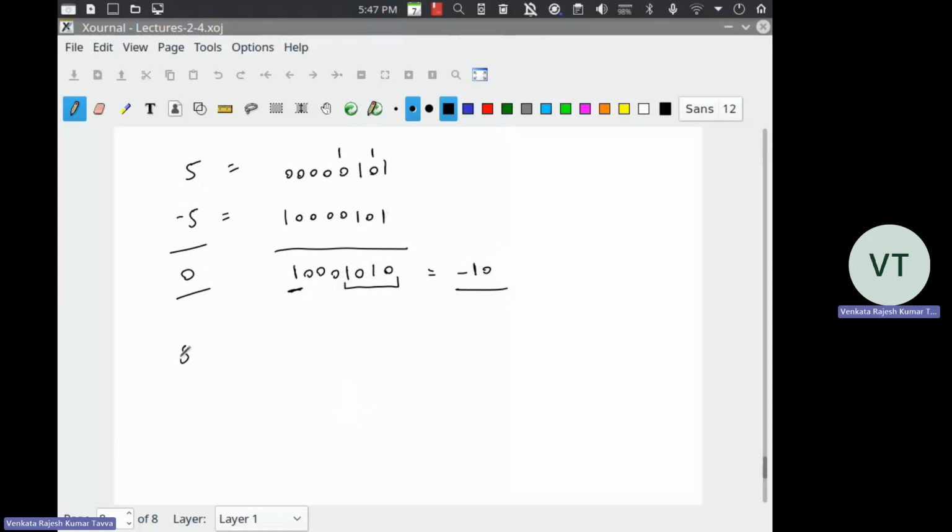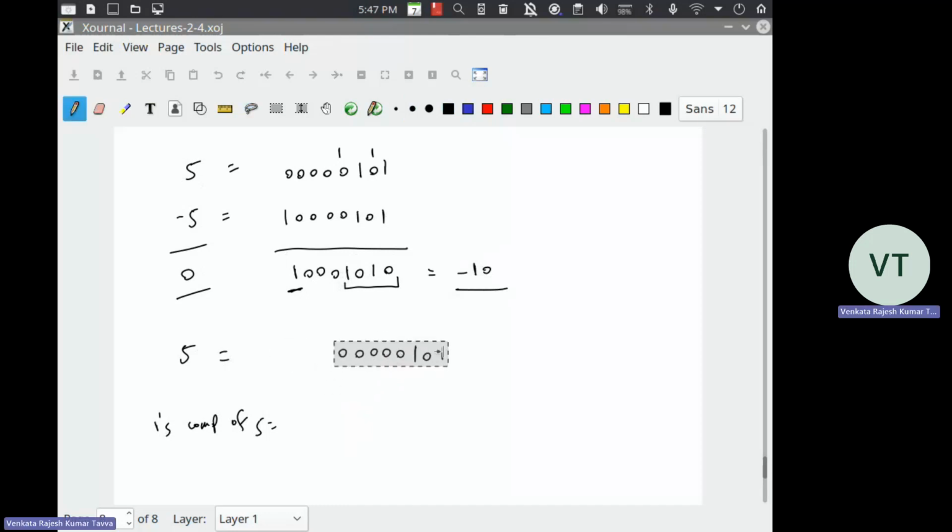Fine, but let's take 2's complement. So how do we calculate 2's complement of 5? 1's complement plus 1. So 5 in 8-bit representation is 5 zeros followed by 101. First I need the 1's complement of 5. What is that?